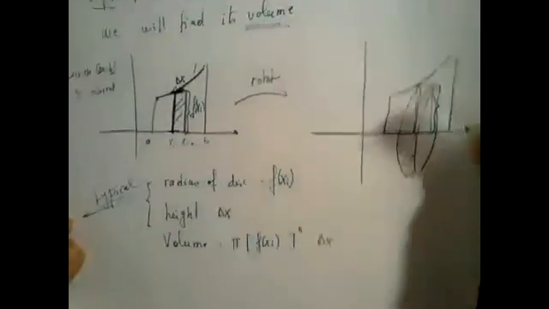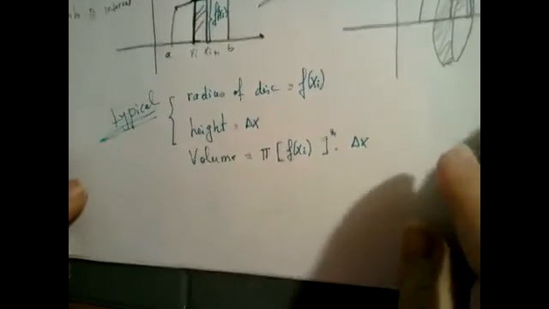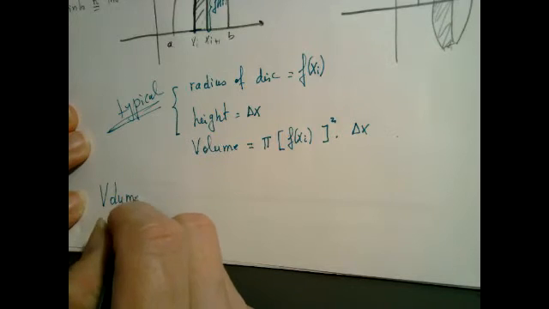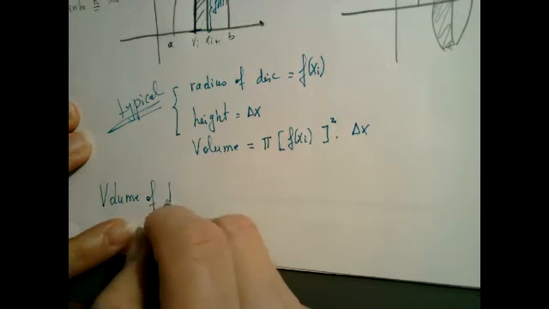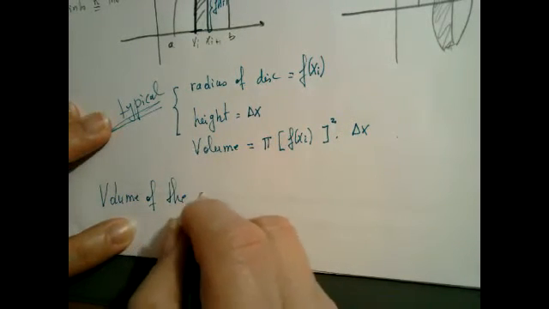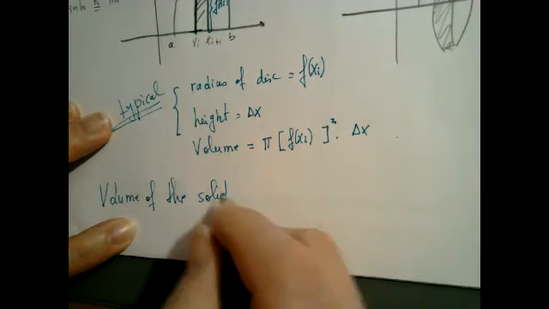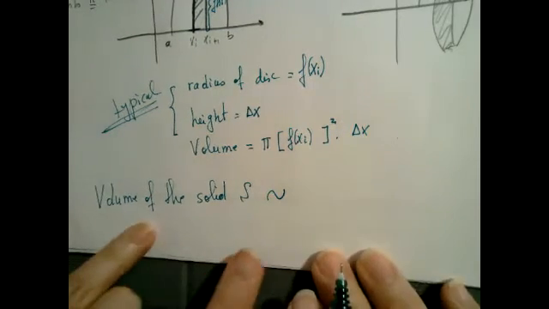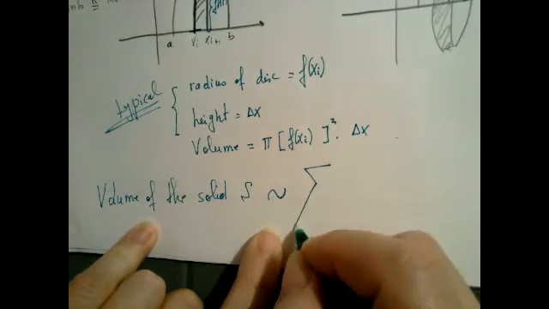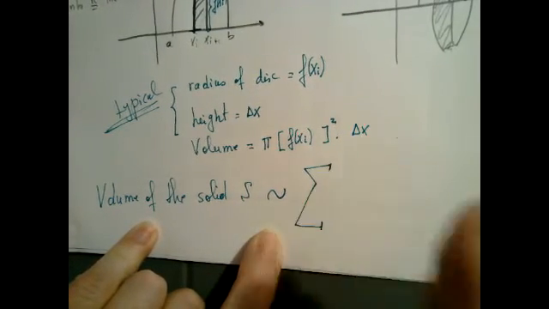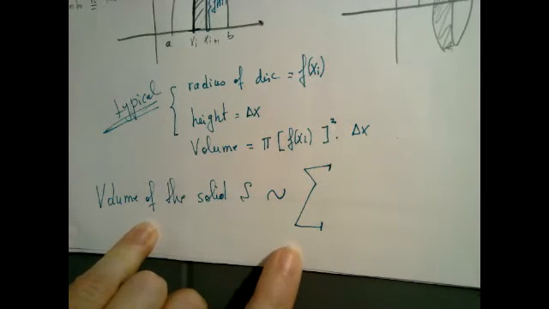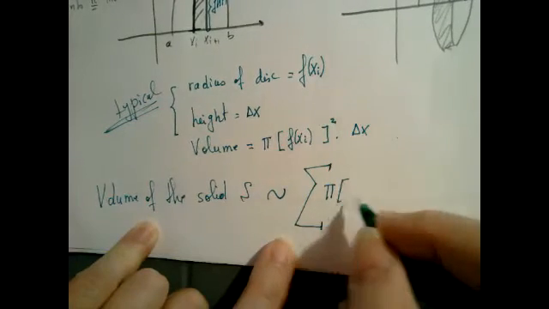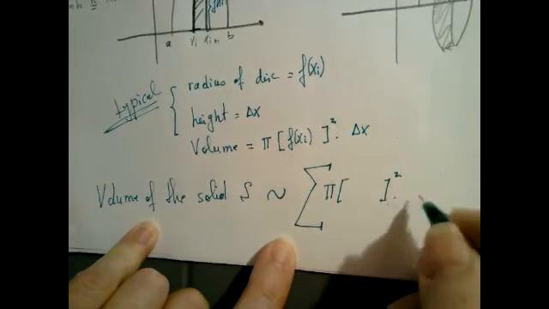So now, what is the volume of the solid? How to get the volume of the whole solid? It's approximately equal. I am approximating it by the sum of the volumes of those disks, the sum of those quantities.